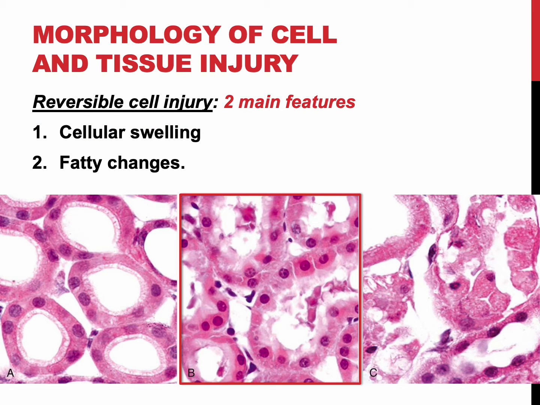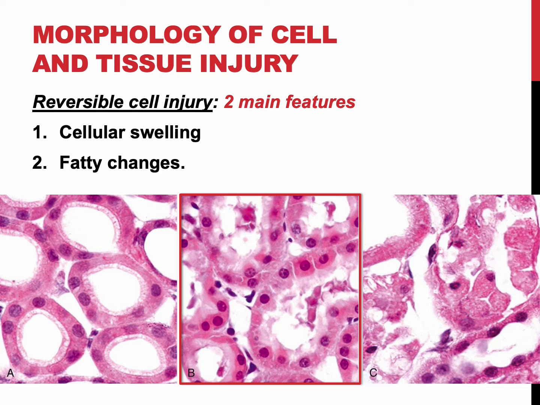Let's go through a little bit of the morphology that we see in reversible cell injury. The two main features that we see with reversible cell injury are cellular swelling as well as fatty changes within the cell. As you can see on this diagram here, on the left, these are normal ductal cells, and these have been injured.